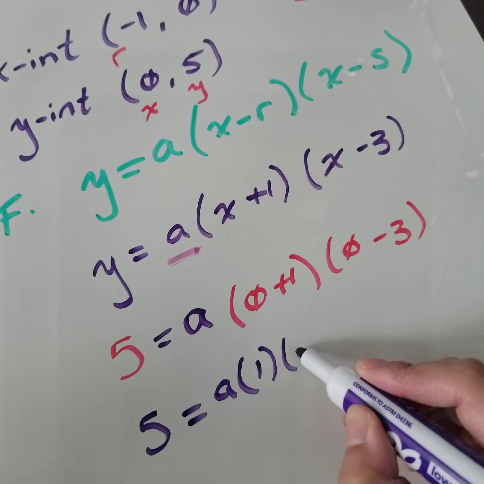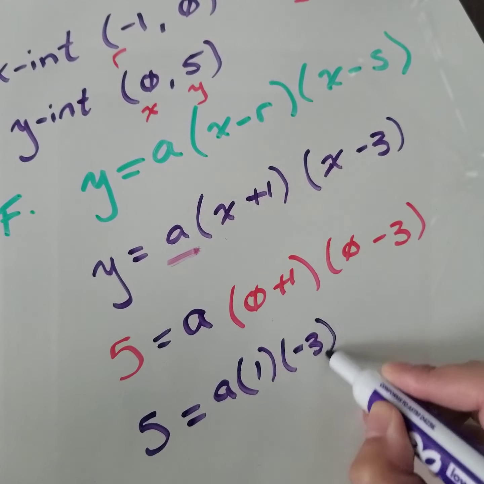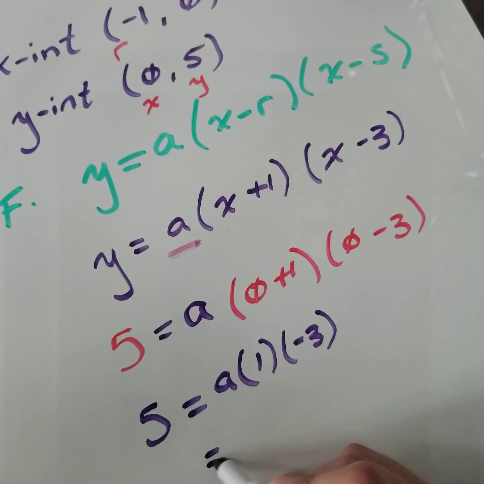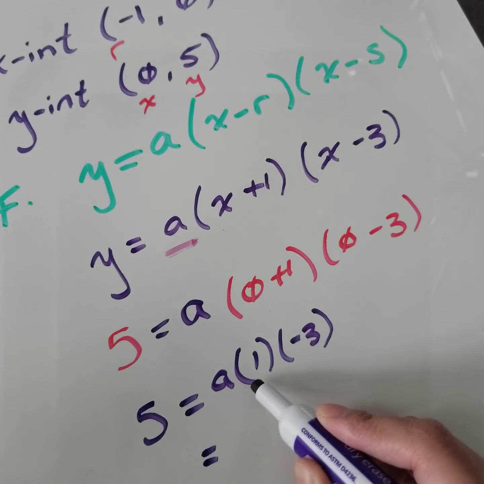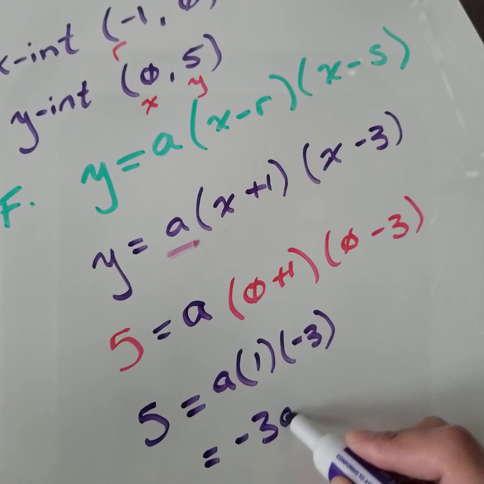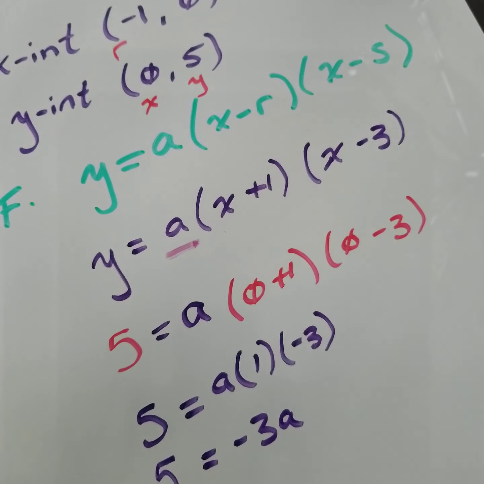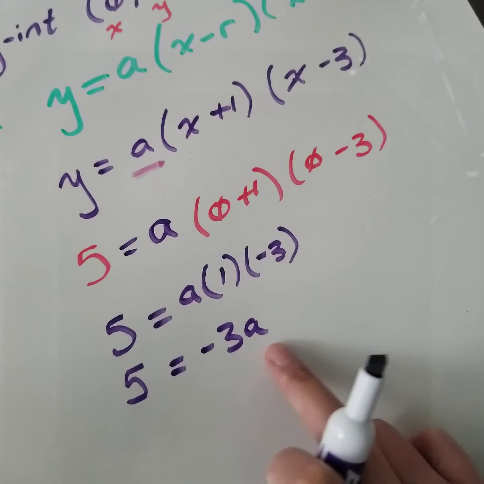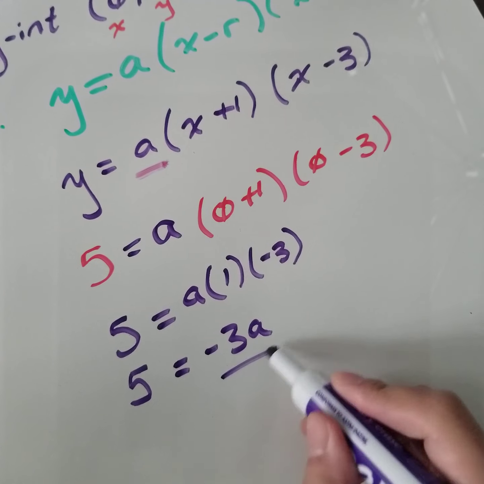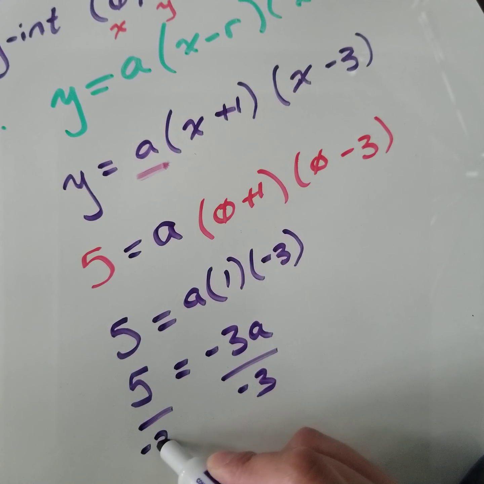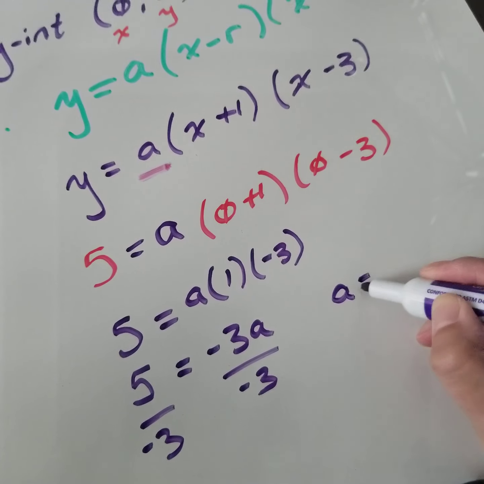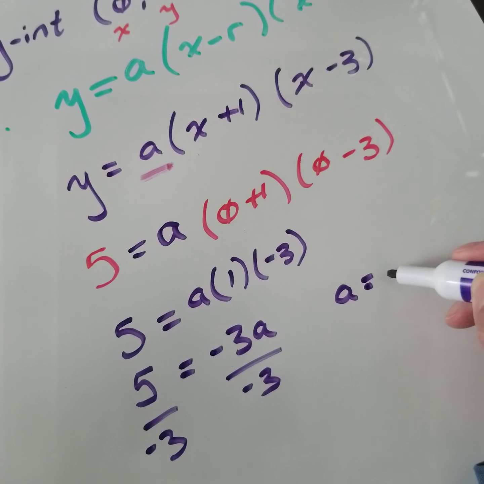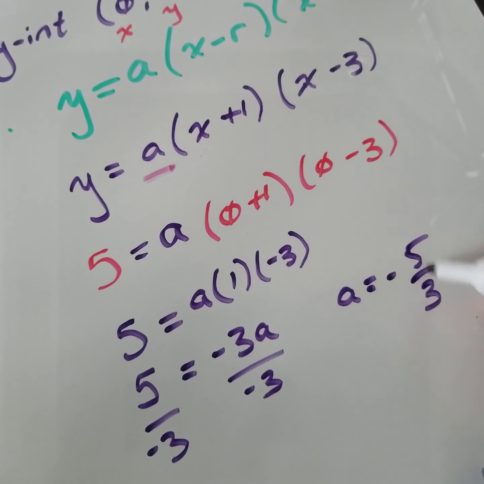This is 0 minus 3, so this is going to be equal to -3. When I multiply these values here, this is -3 times 1. This is -3a is equal to 5. And then if I isolate for a here, I'm going to divide both sides by -3. And then our a value becomes -5 over 3.